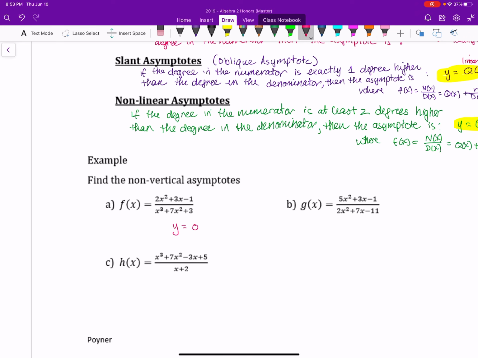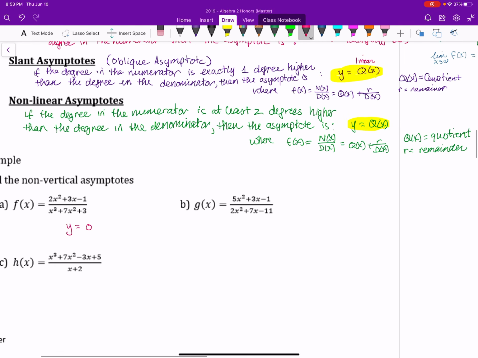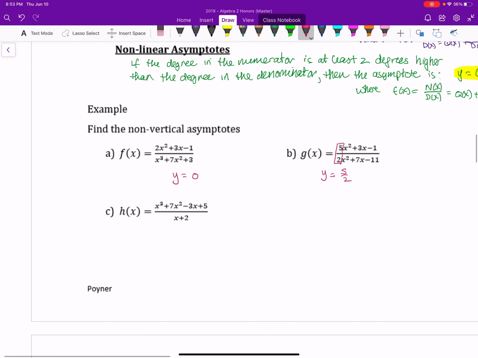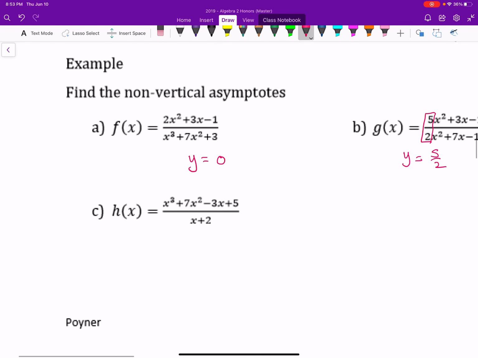That's a horizontal line. For part B, the degree in the numerator and denominator are the same, so I know that the non-vertical asymptote is just going to be the ratio of the leading coefficients, so that's going to be 5 over 2.